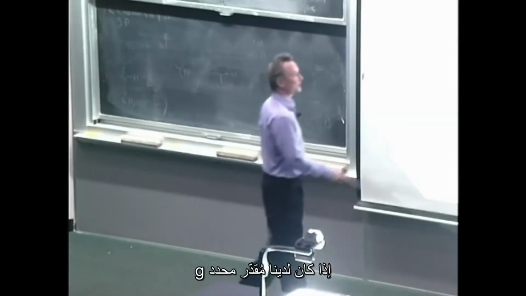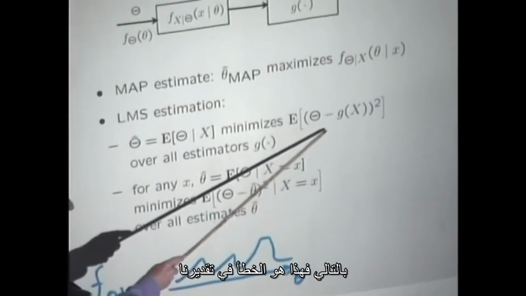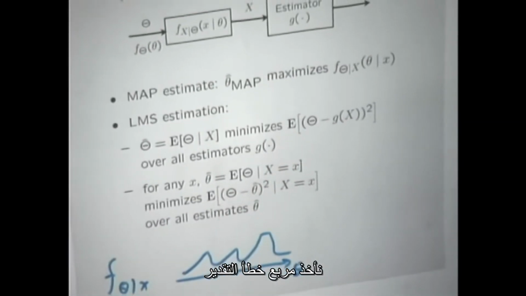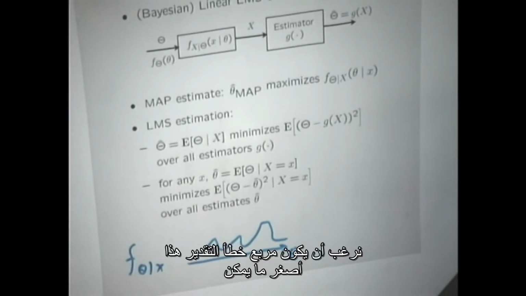An alternative way is to try to be optimal with respect to a mean squared error. So what is this? If we have a specific estimator g, this is the estimate it's going to produce. This is the true value of theta, so this is our estimation error. We look at the square of the estimation error and look at the average value. We would like this squared estimation error to be as small as possible.